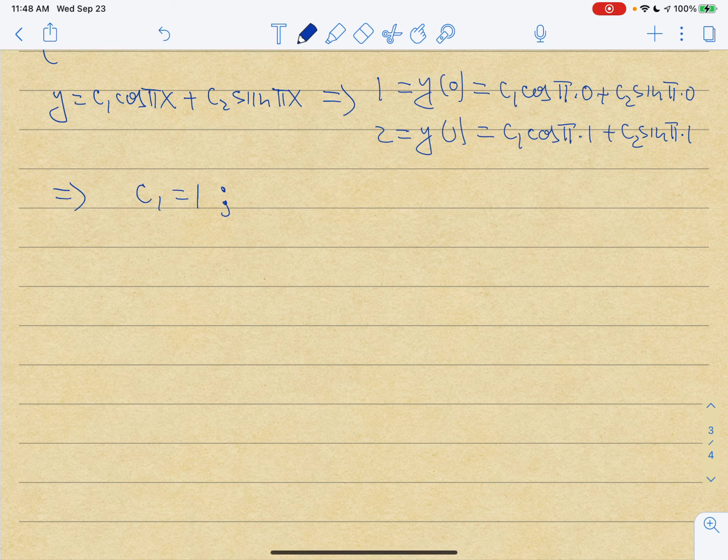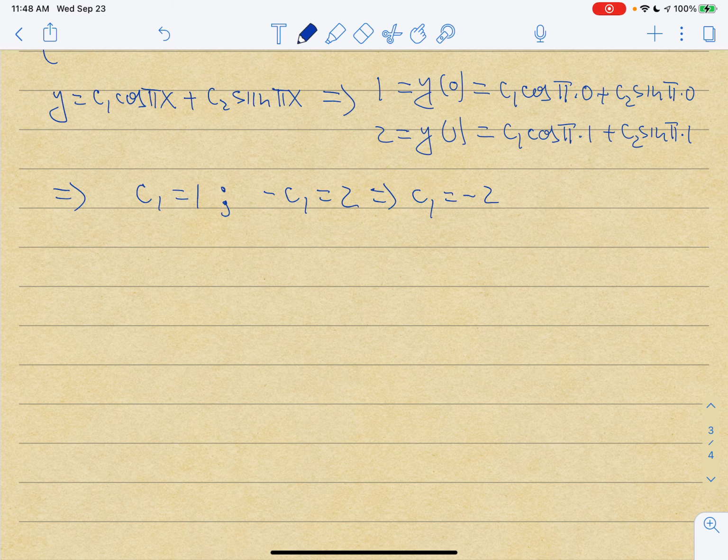What about the second equation? Cosine of pi is minus 1. Sine of pi, again, is 0. So the second equation becomes minus c1 is equal to 2, which means that c1 must be minus 2.